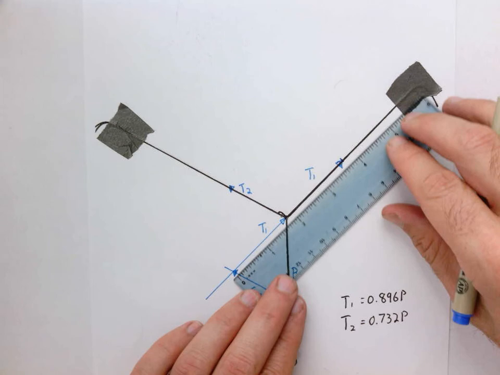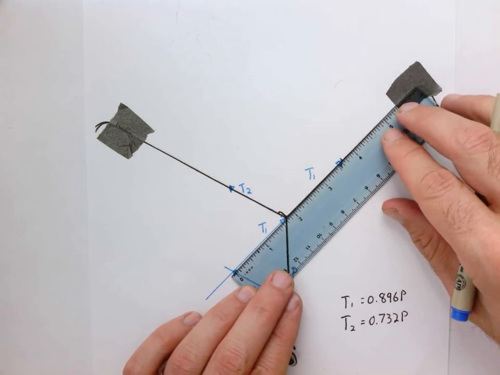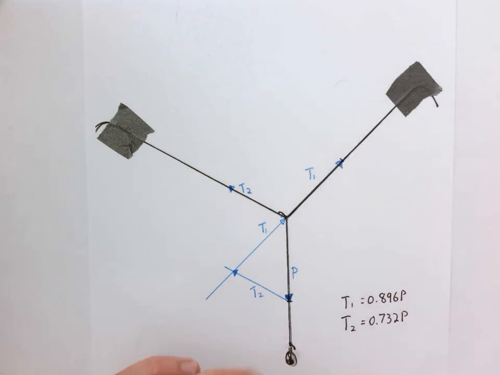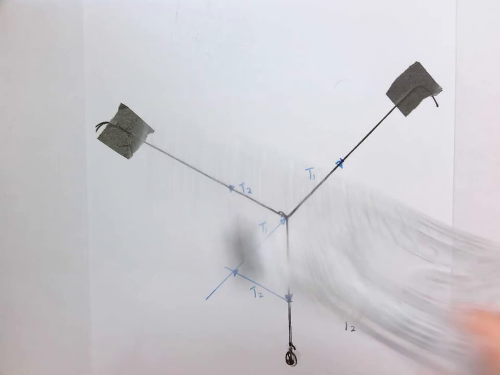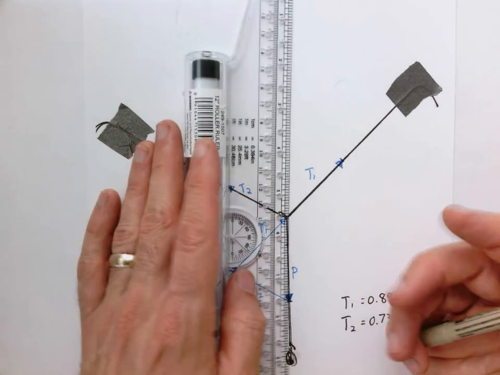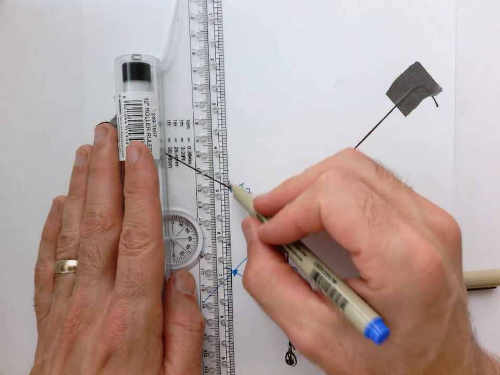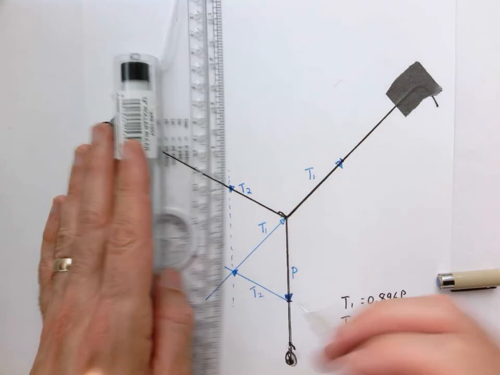I can also confirm that the length of vector T1 is about 0.9 of P. Of course, if I measure accurately and draw accurately, I can get this almost as good as I want. Another way we can see that T2 is correct is that if I draw a dotted line here, I can see that they intersect at the same point.